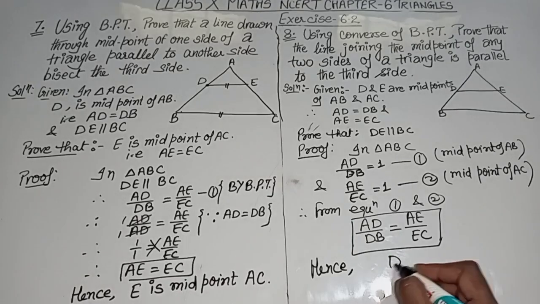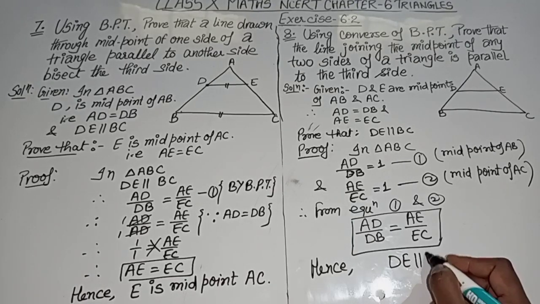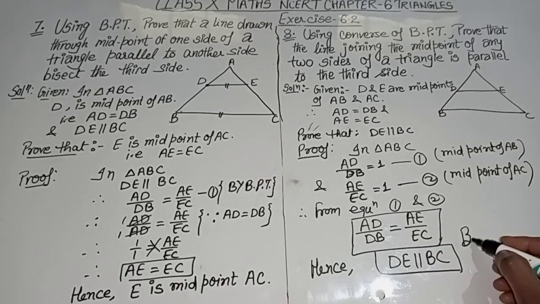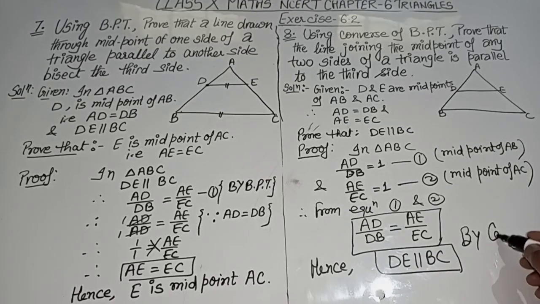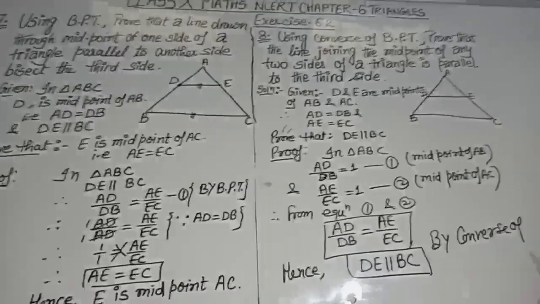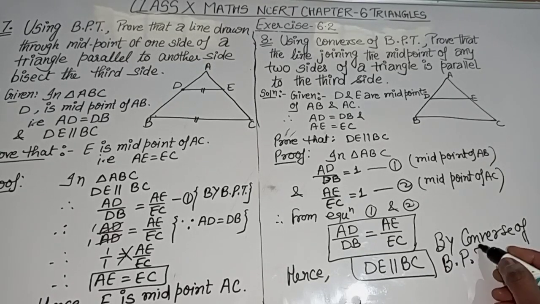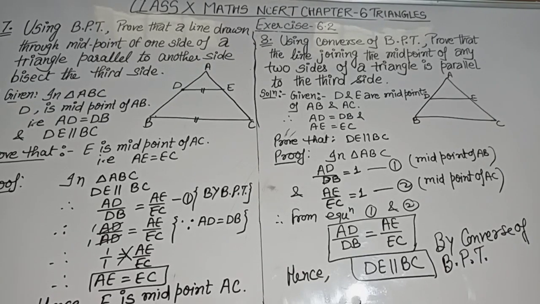Hence DE is parallel to BC by the converse of the basic proportionality theorem. You will go through each and every step of this question number 8. If the ratios are the same, then the lines are parallel. If they are parallel, the ratios are equal, by using BPT or the converse of BPT.